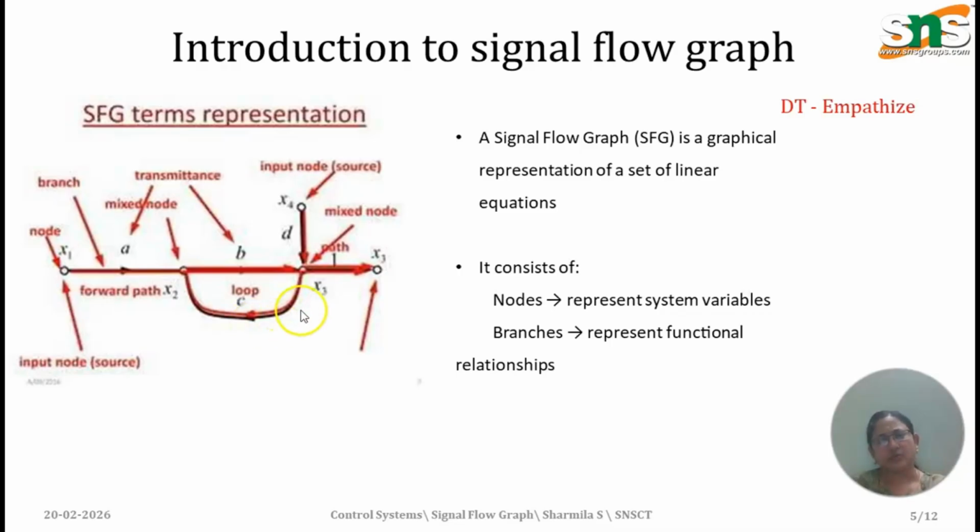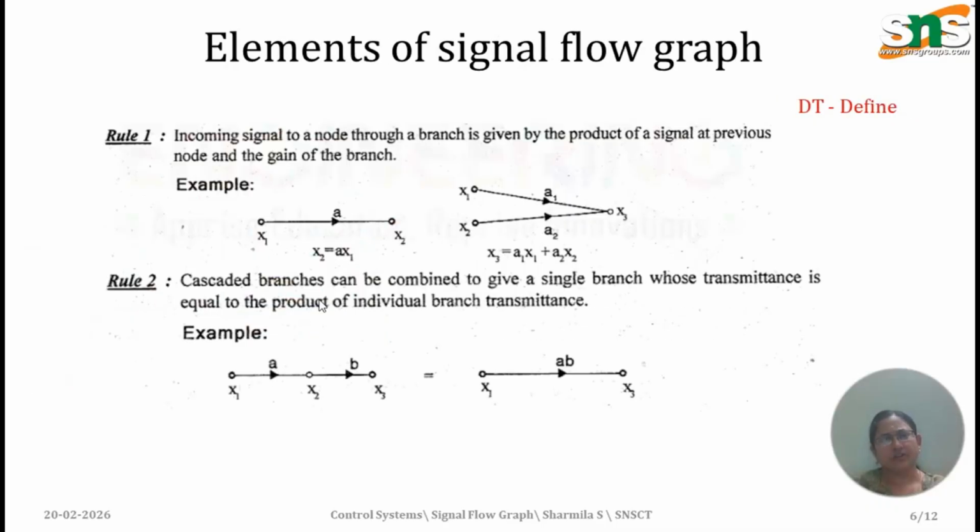Now let us move to the rules of signal flow graph algebra. Rule 1: the incoming signal to a node through a branch is given by the product of the signal at the previous node and the gain of the branch. For example, x1 is the input node and x2 is the output node, so x2 is equal to a times x1.